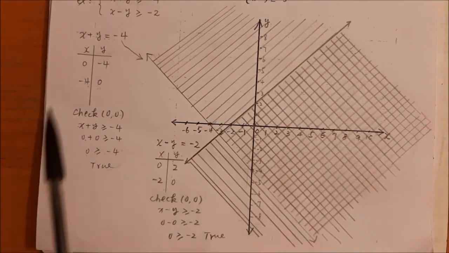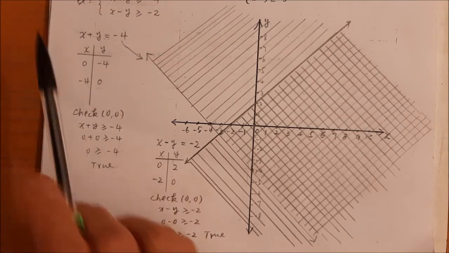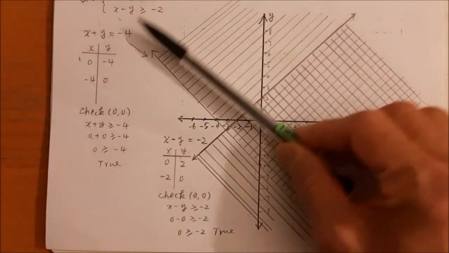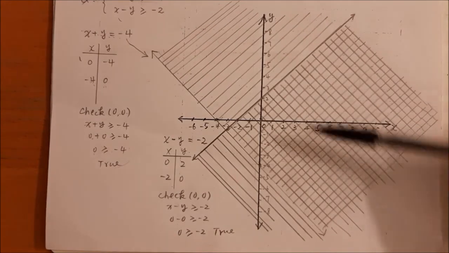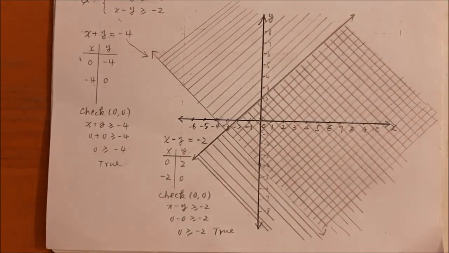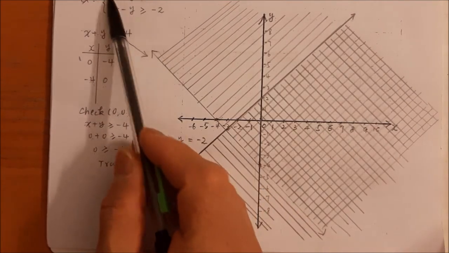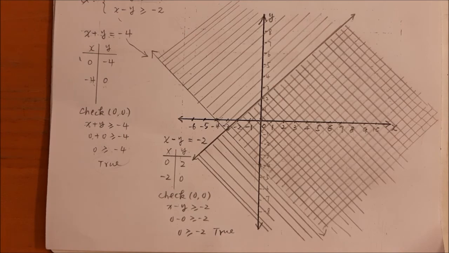The solution for x plus y greater than or equal to -4 is this half plane, union with the line. That's the graph of the first inequality.